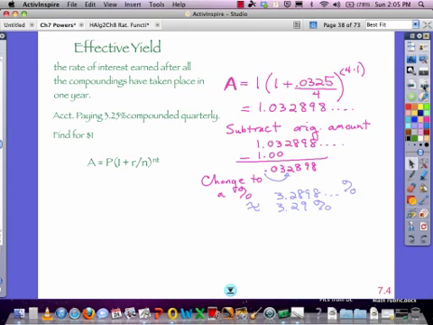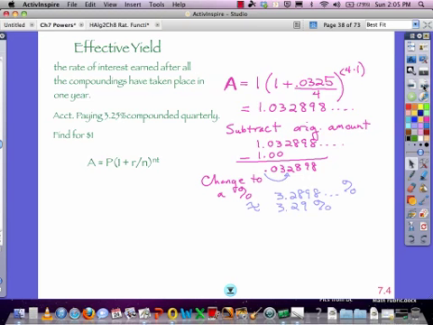We've got A equals our $1 times 1 plus our 0.0325, our percentage turned to a decimal. Compounded quarterly is 4, to the power of 4 times 1. We're only going to do it for 1 year. So you multiply that out, and it gives us about $1.0328999.